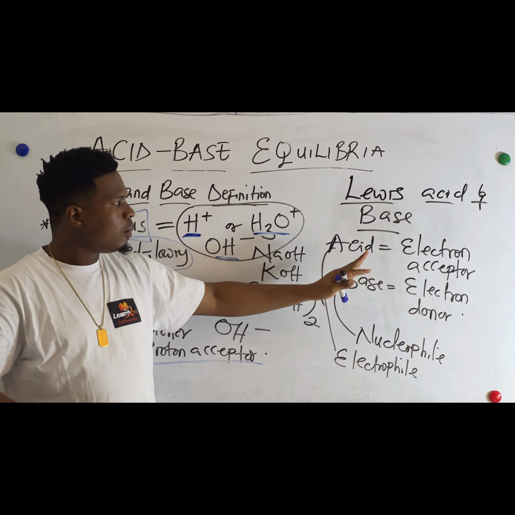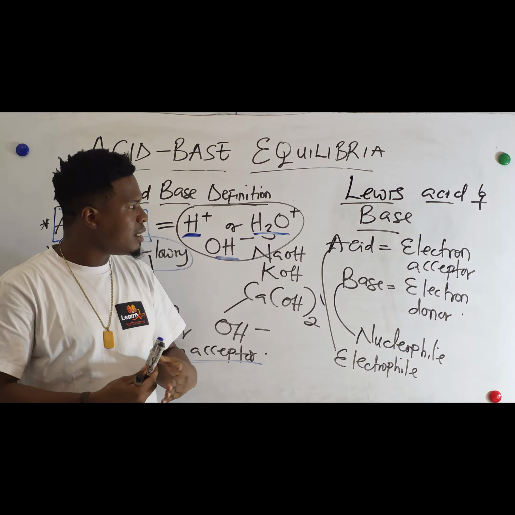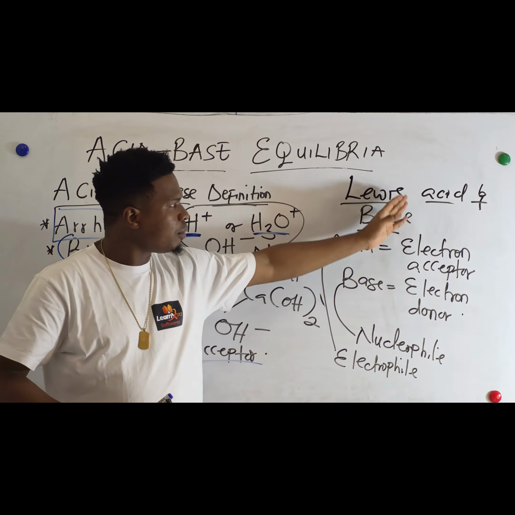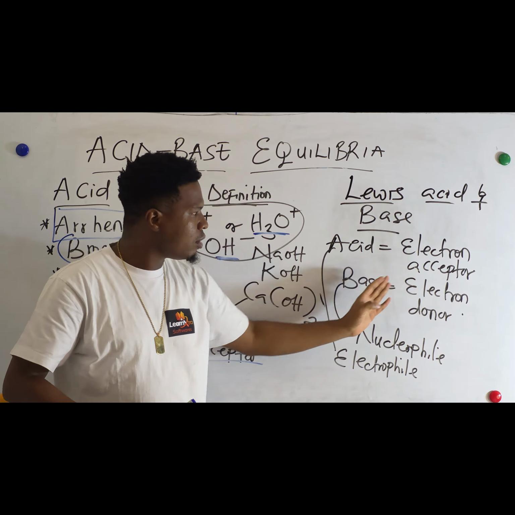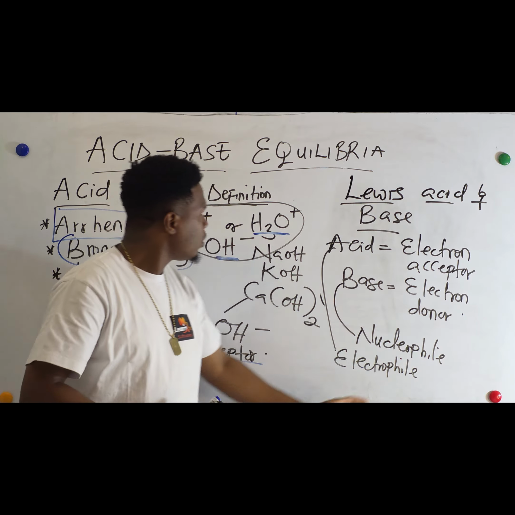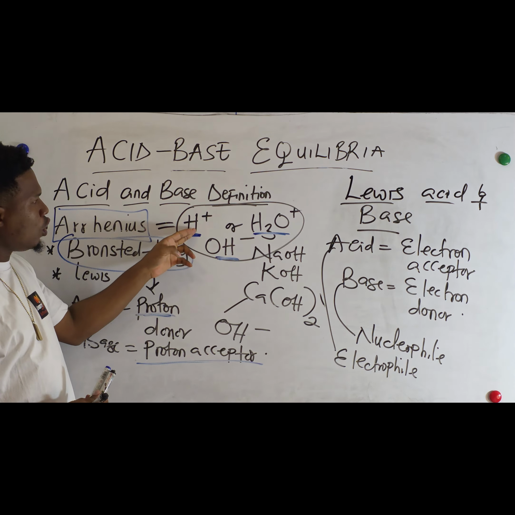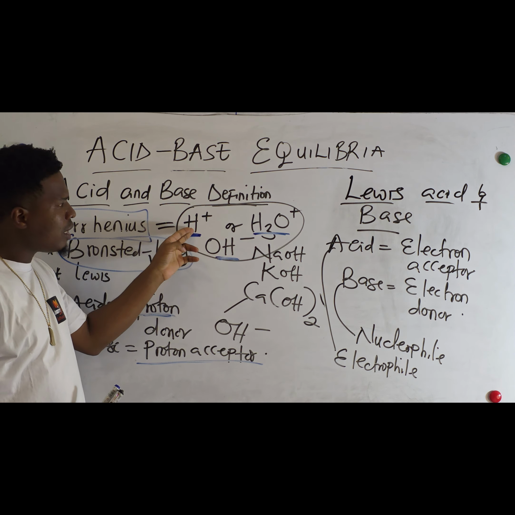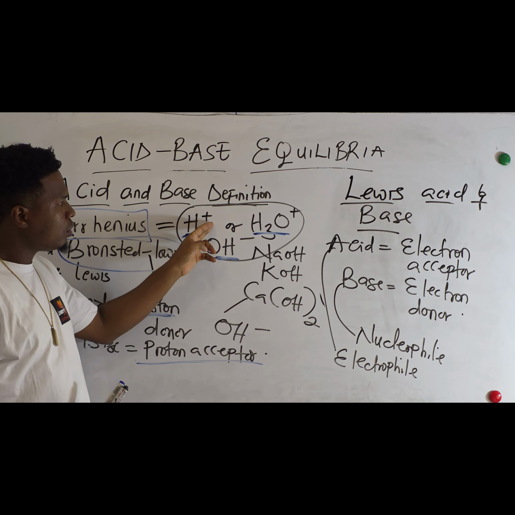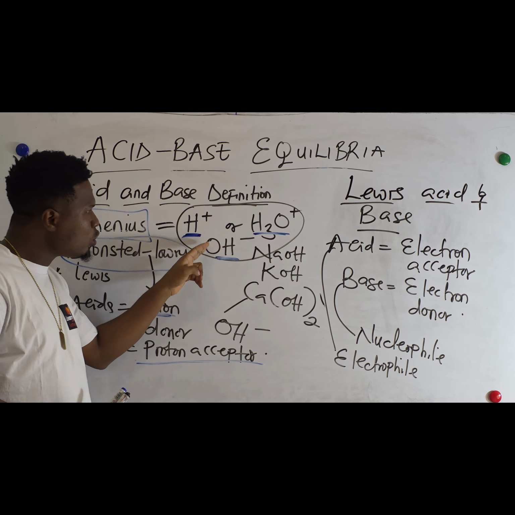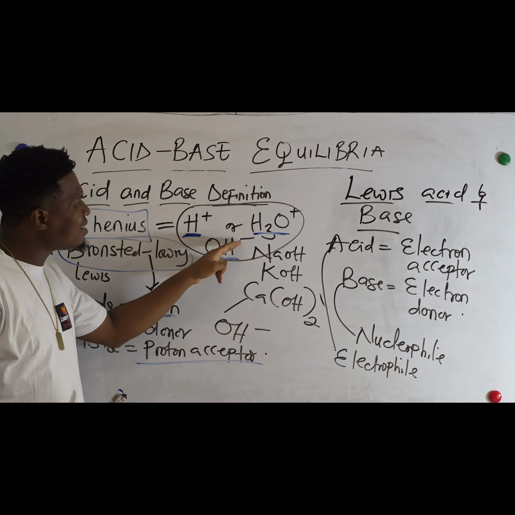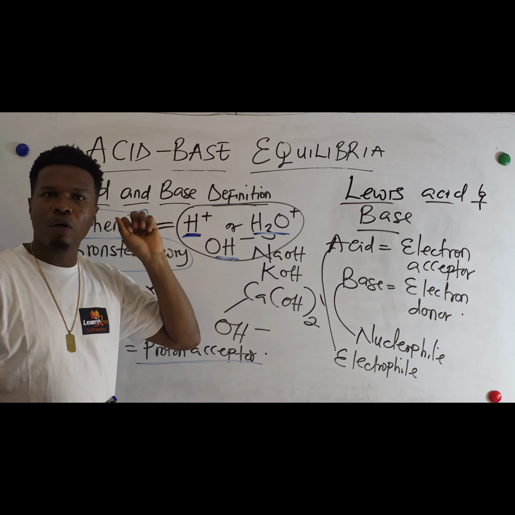Based on the definitions, we can see that Lewis acids are electron acceptors and bases are electron donors. From the Arrhenius definition, those that liberate hydrogen ion as the only positive ion are called acids, while those that liberate hydroxide ion as the only negative ion are called bases.